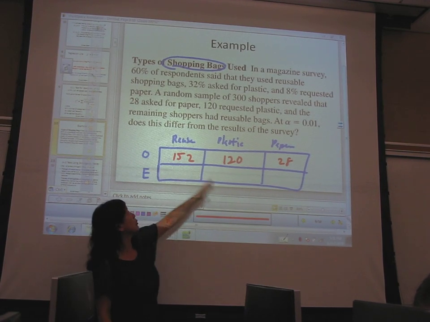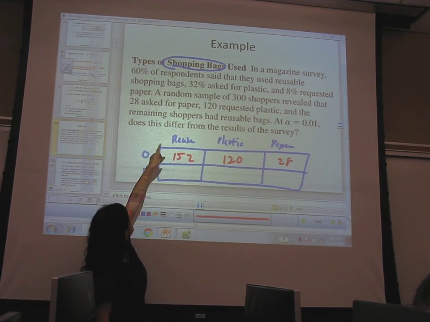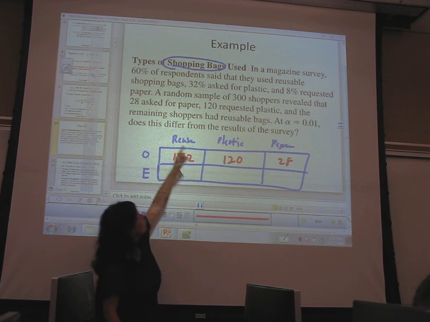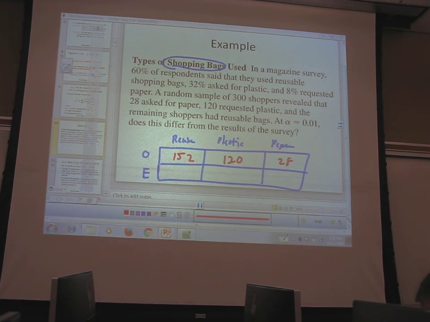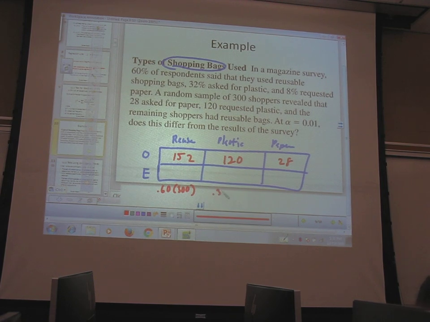But since they're not equally preferred, it's 60% reusable. So we take 0.60 and multiply it by 300. Make sense? This one here would be, plastic is 32%, so 0.32 multiplied by 300. So that would be 180.